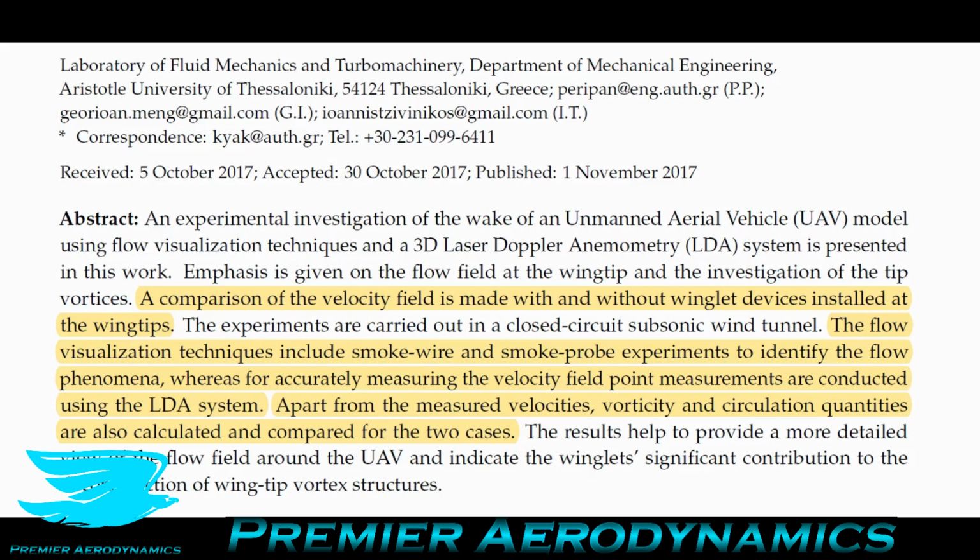And to do that, they're looking at a whole bunch of experimental methodology. They look at smoke wire, they look at a Rayleigh scattering approach, which is where you shine a laser into a system with some sort of seeding particle, and you see what the flow is doing. It will illuminate in the pattern that it's moving in. They're also using LDA, and for LDA, they're looking at the velocities, vorticity, and circulation measurements, which are all really good, especially circulation.